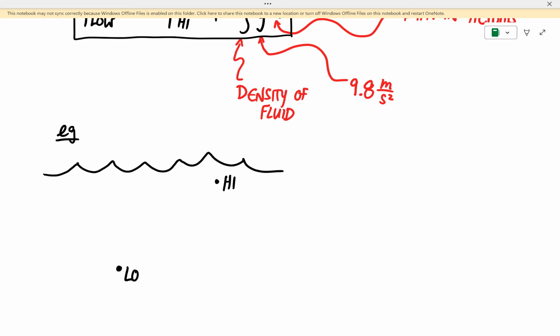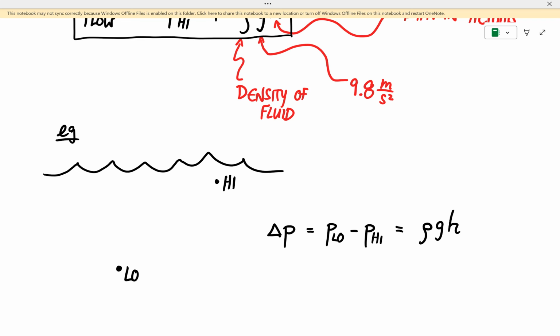The low is how low it is, so which one has a smaller height. And so the difference between those, another way you could think of it is the change in pressures, which is P low minus P high, is rho g h.